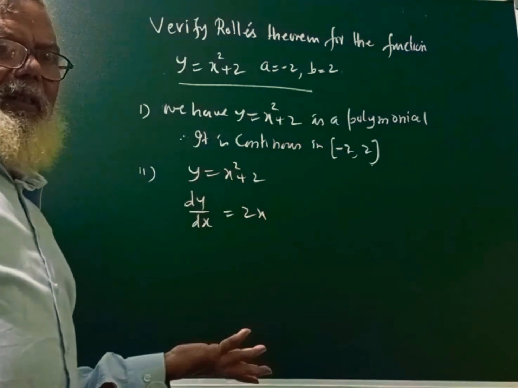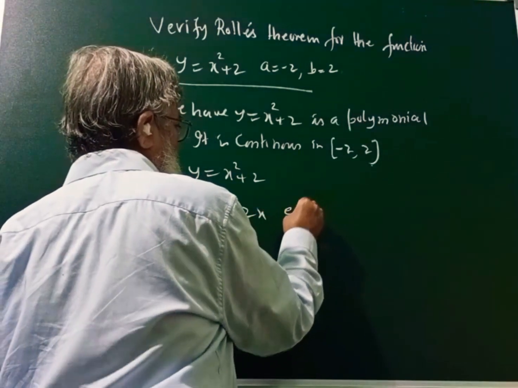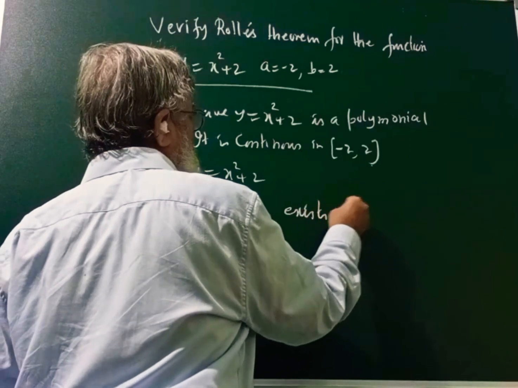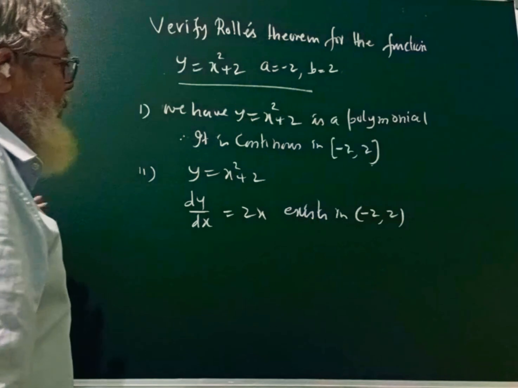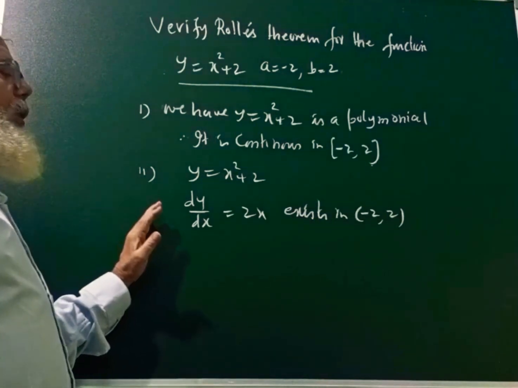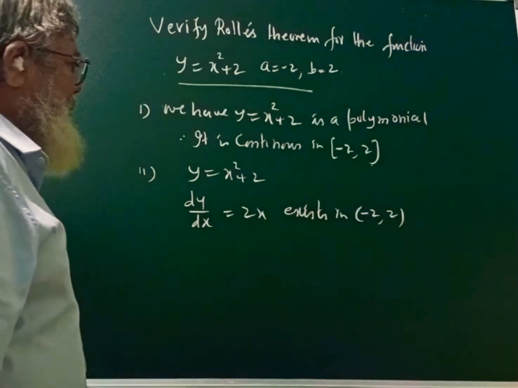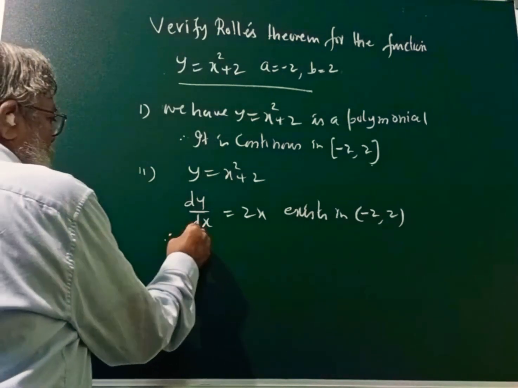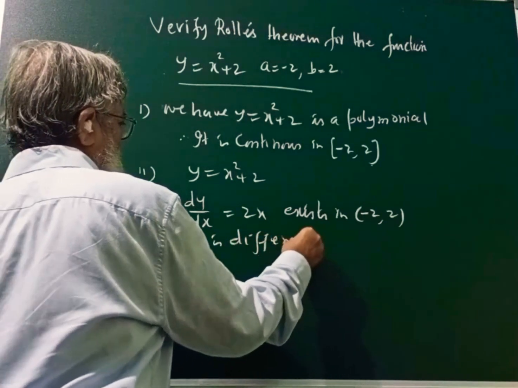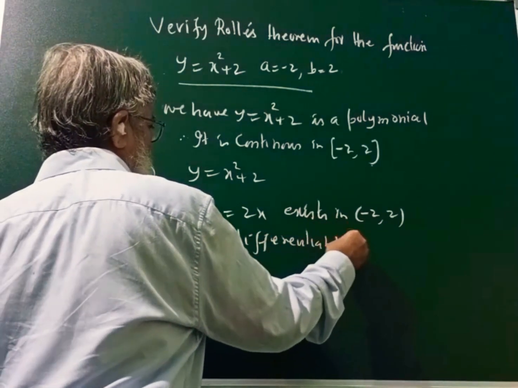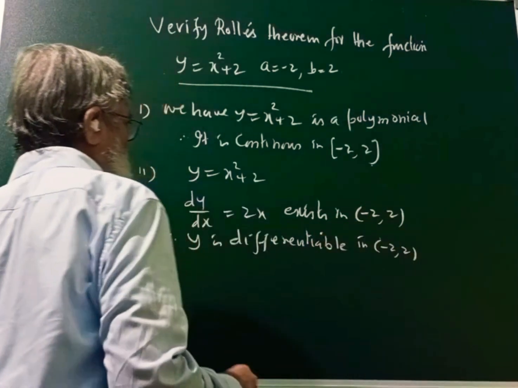That means the derivative exists. dy by dx exists in the open interval minus 2 to 2. So therefore y is differentiable in the open interval minus 2 to 2.